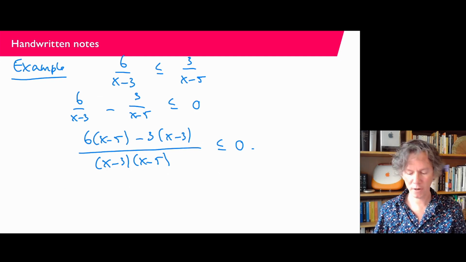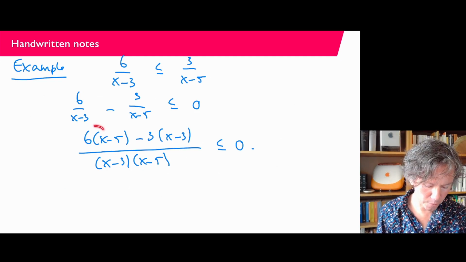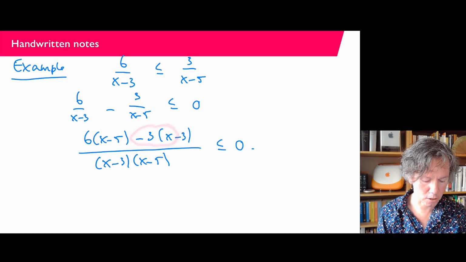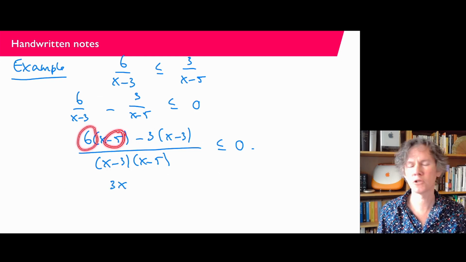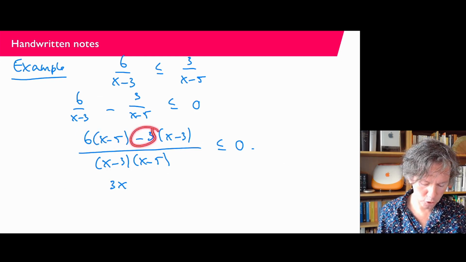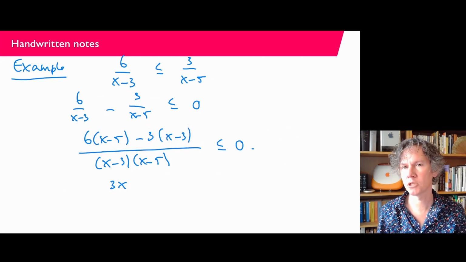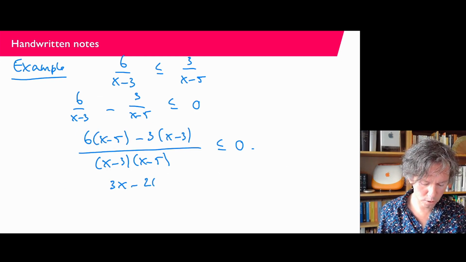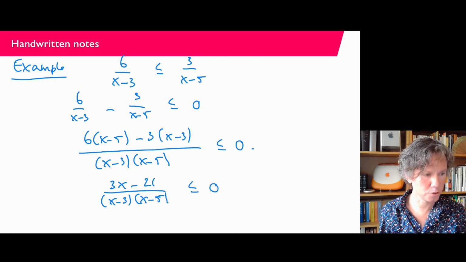Then I can simplify this a little bit. So here I have 6 times x and I find minus 3 times x. So I have left 3x. I have 6 times minus 5, that's minus 30. Minus 3 times minus 3, that's plus 9. So I am left with minus 21. X minus 3, x minus 5 less or equal 0.